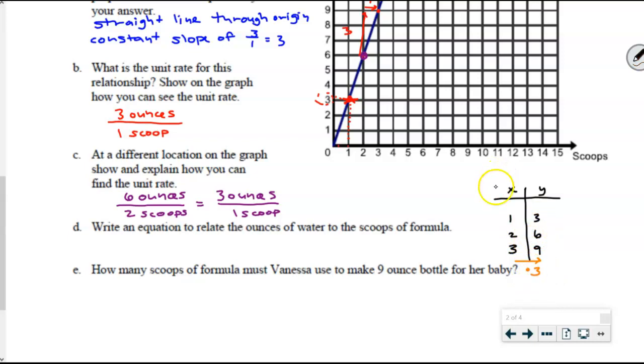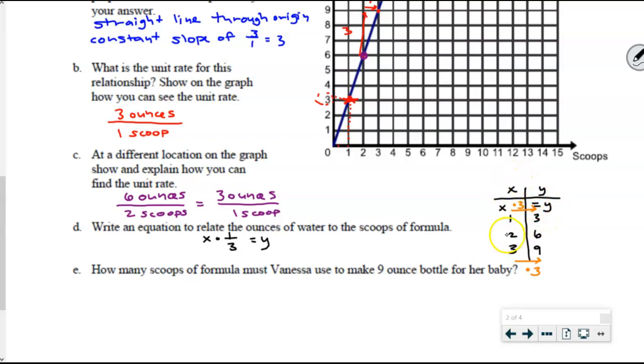So what happens if I have a mystery number x value? What am I going to do to go across the table? Still going to multiply it by 3. And when I do, that's how I get the mystery y value. X times 3, not 1/3, because if I multiply it by 1/3, 1 times 1/3 isn't 3.